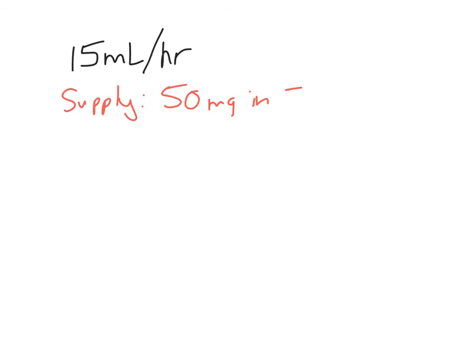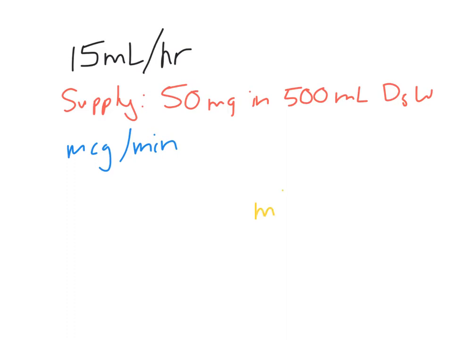Yeah, 50 milligrams in 500 milliliters of D5W. And again, we are now trying to see what they are getting in micrograms per minute. So guys, this is the exact reverse of what we did a second ago. From here, we're given the infusion rate, so I need to get to the dosage.